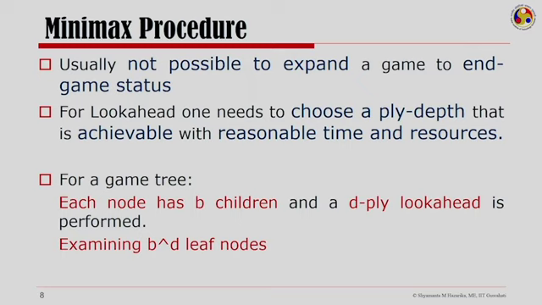For a game tree, each node has b children, let's say, and we are doing a d ply look ahead. That means we are trying to go to some level d. That would require that we examine b to the power d leaf nodes. Can we have ways and means of reducing this, because this is a huge search space? So can we somehow reduce this space?